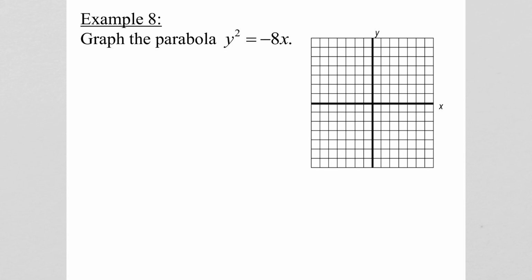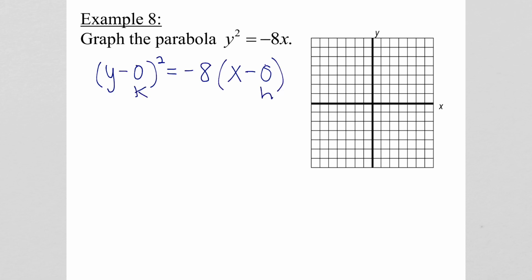So if I want to graph the parabola and I'm given the equation, I could rewrite this just for visual sake as y minus 0 squared equals negative 8 times x minus 0, just to prove to you that my vertex is at (h, k), and that vertex is at (0, 0).